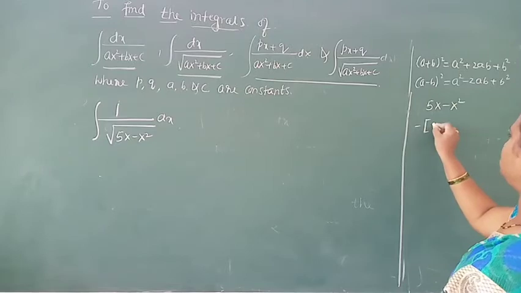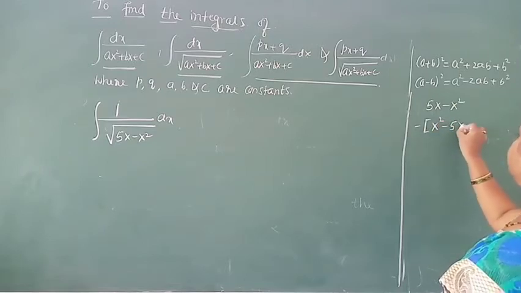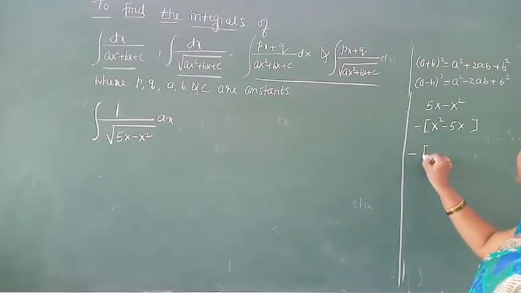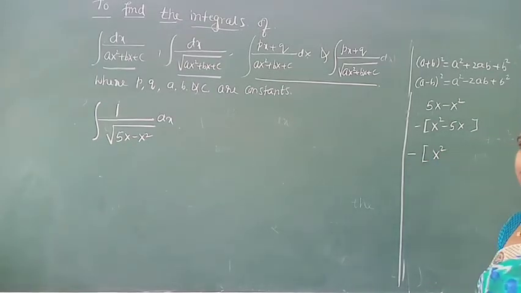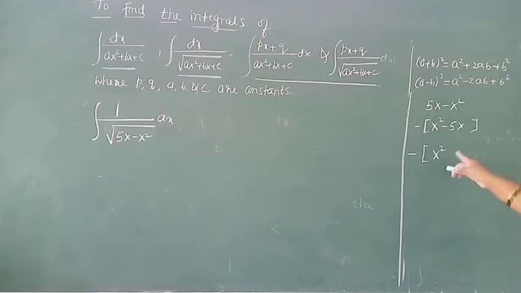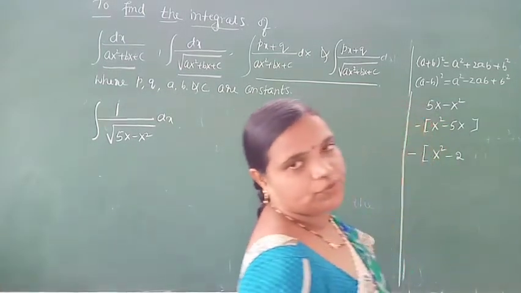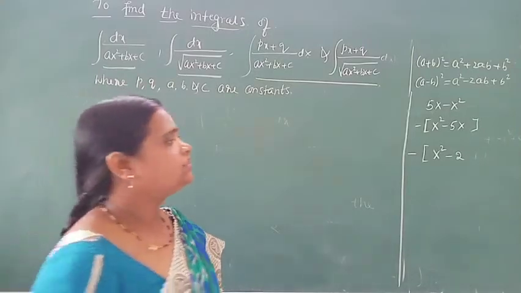Take minus common, we get x square minus 5x. x square as it is. In between we need a 2, here 2 is not given. If it is not given, we have to take minus 2.